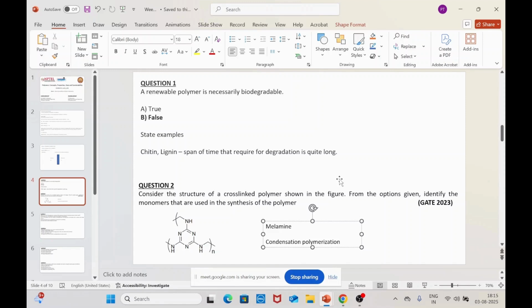It could be a fun task, because you need to think about many different kinds of monomers and then come up with the structure. But let's discuss this in the next session.